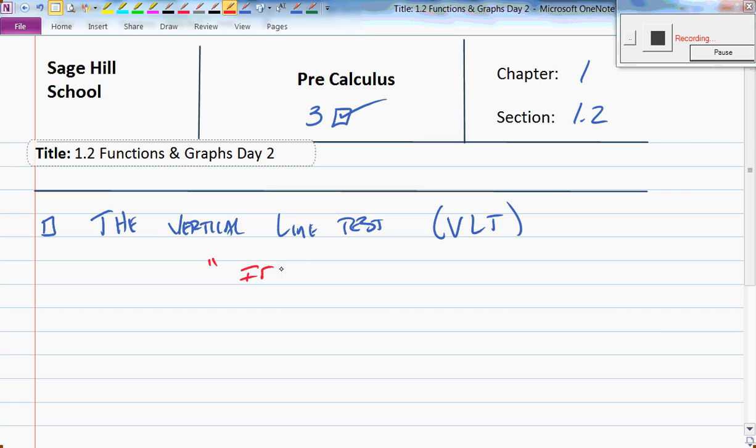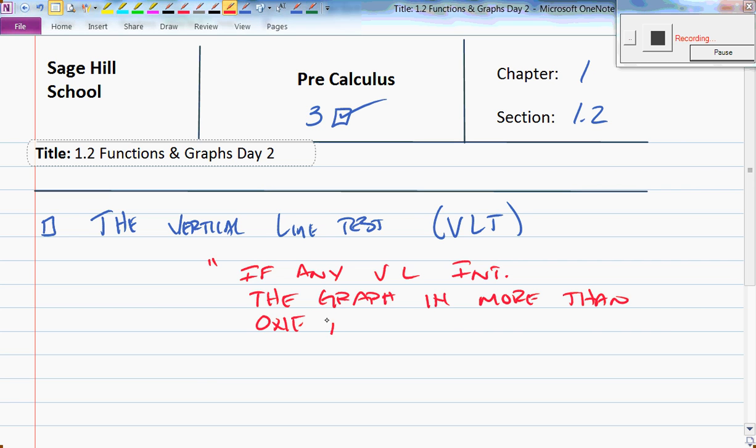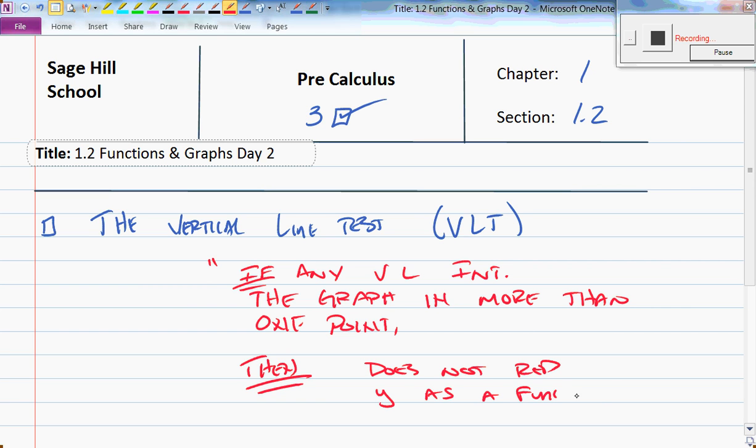If any vertical line intersects the graph in more than one point, so it's like an if-then statement, then we can say the graph does not represent y as a function of x.